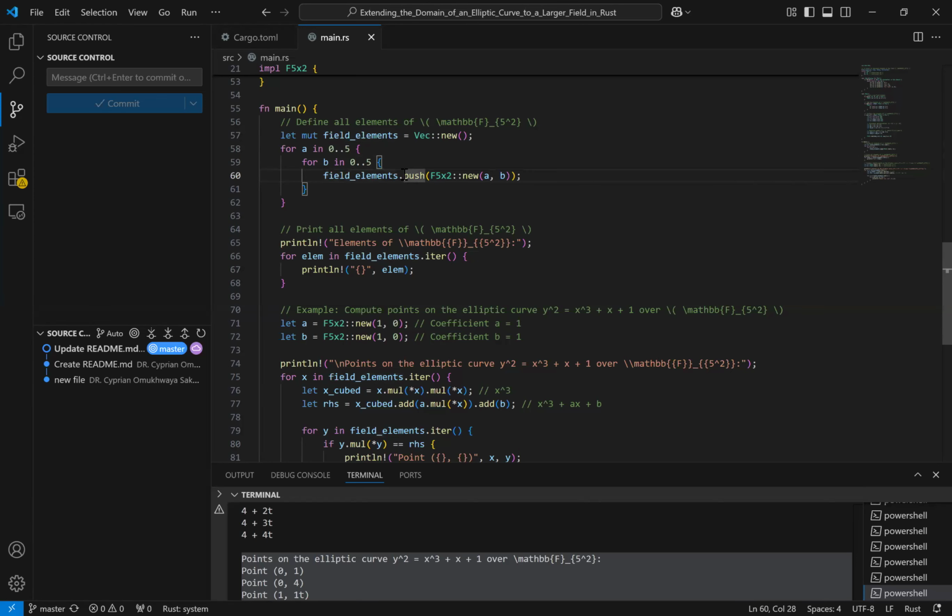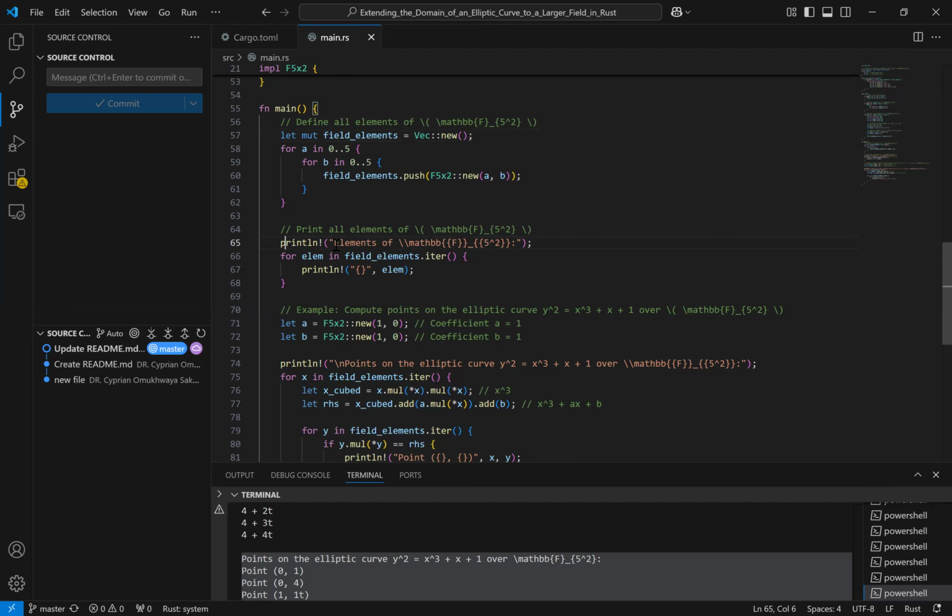Once you come up with the elements that fulfill the equation of the elliptic curve, push them inside this vector.